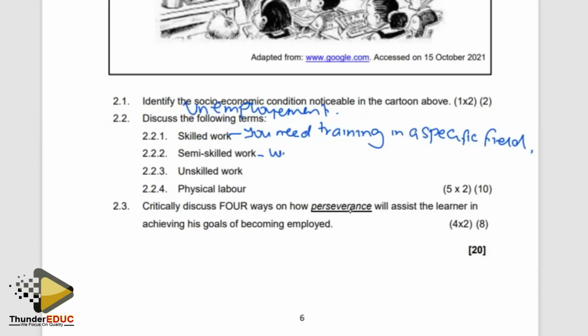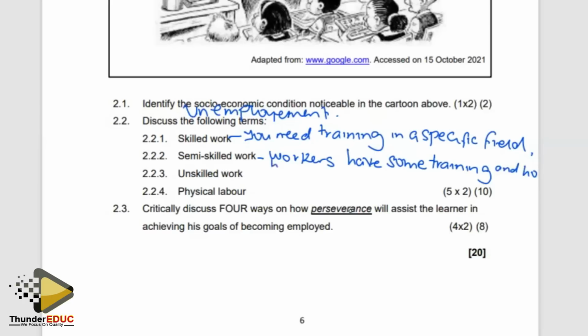Workers have some training and have completed one or more courses.